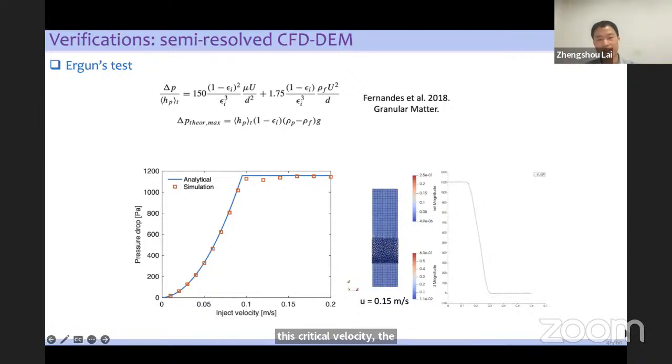So it is a very conventional test to verify the implementation of the CFD-DEM. Here we also compare the simulation results with the analytical results, and we can see a good match. So these examples show the good performance of the unresolved CFD and the semi-resolved CFD.